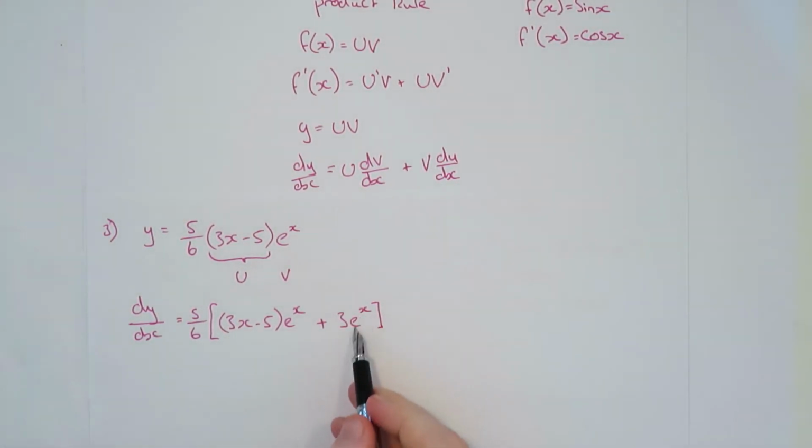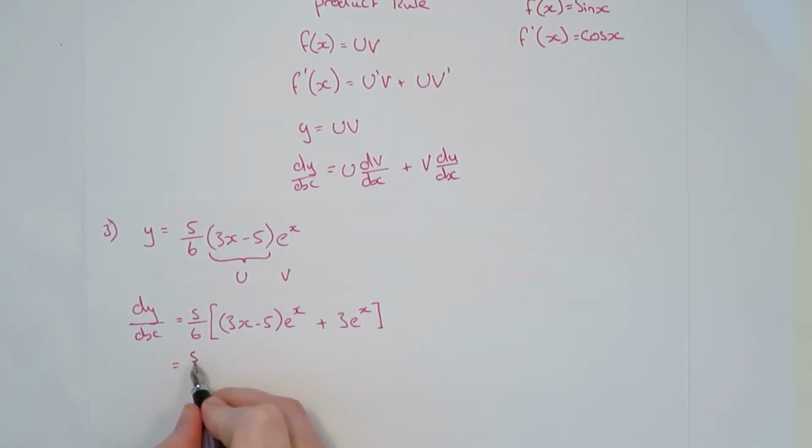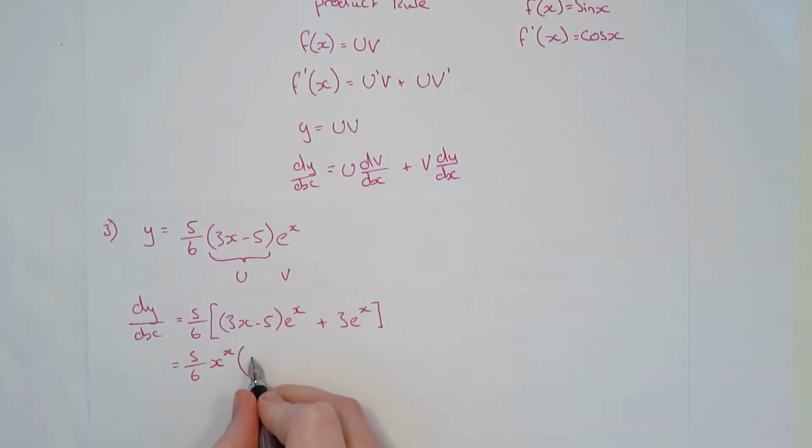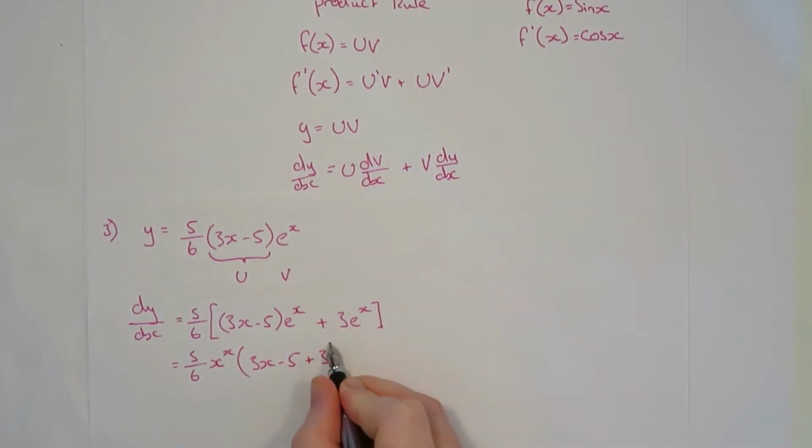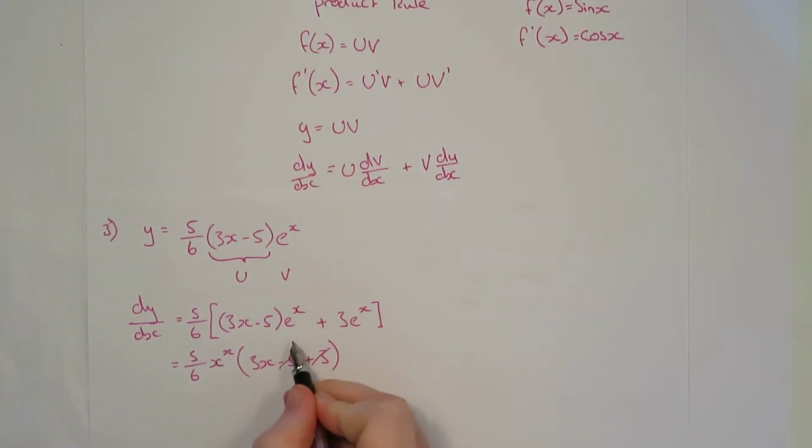And there we go. Now here you could factorise out the e to the x, and you'd have 5/6 e to the x, 3x minus 5 plus 3, and here we have a minus 5 plus 3, so that will simply be minus 2.